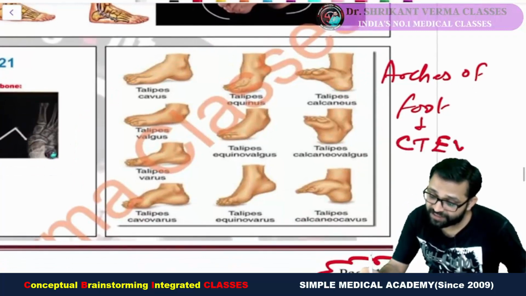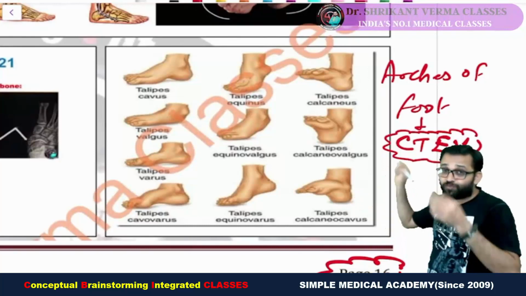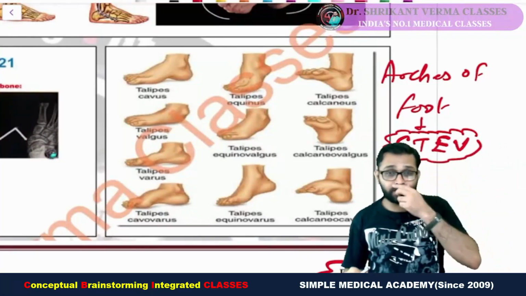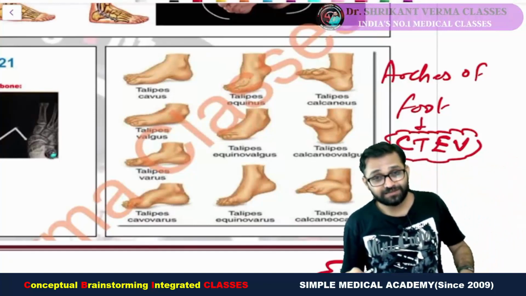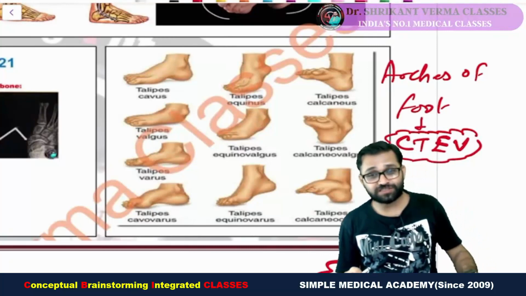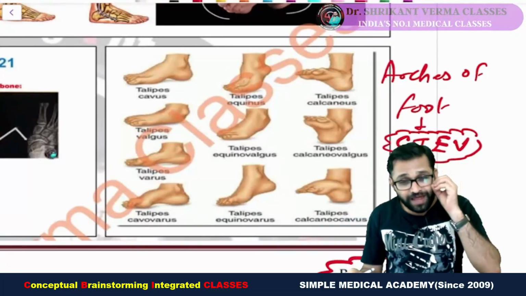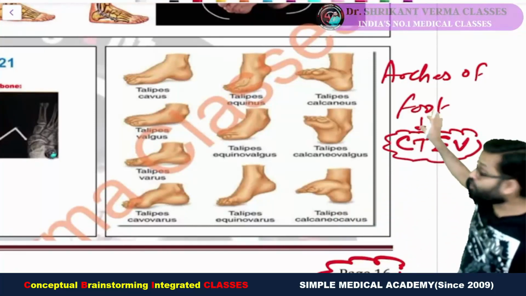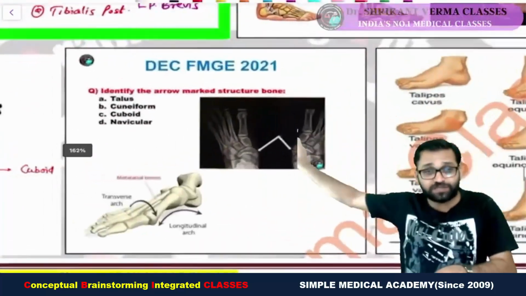One of them is CTEV, because congenital talipes equinovarus is the most common congenital deformity all over the world among all kinds of diseases, either metabolic diseases like glycogen storage diseases, phenylketonuria, alkaptonuria, or genetic syndromes like Down syndrome and Patau syndrome. Among all, congenital talipes equinovarus is the most common deformity. That's why the foot is an important topic.